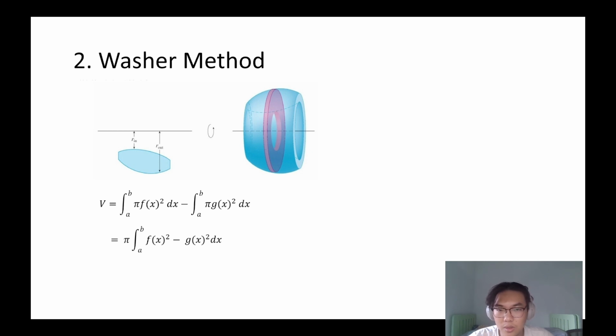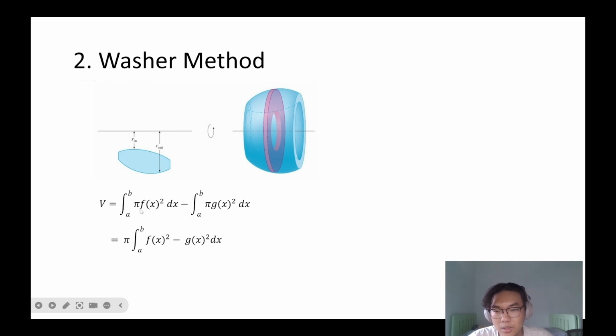And for the disk method, it's simply an integral, but for the difference of two functions, we use the washer method. So it's like two disk methods, subtracting each other.